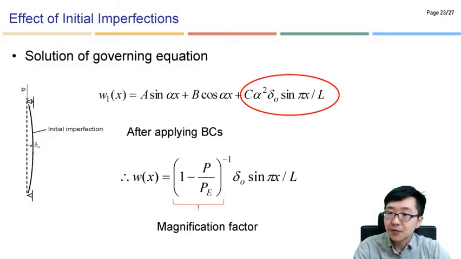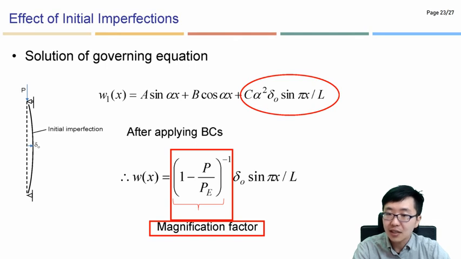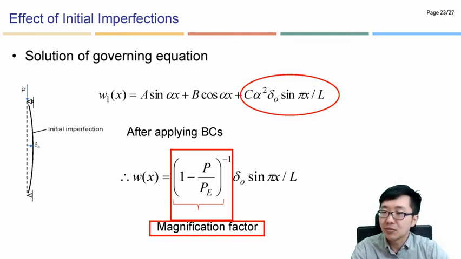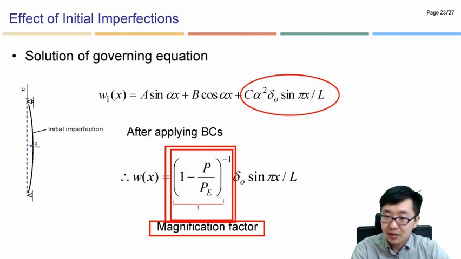Based on that, we can solve the governing equations and assume the conditions based on the boundary conditions. We can solve it so that we can finally obtain this magnification factor.